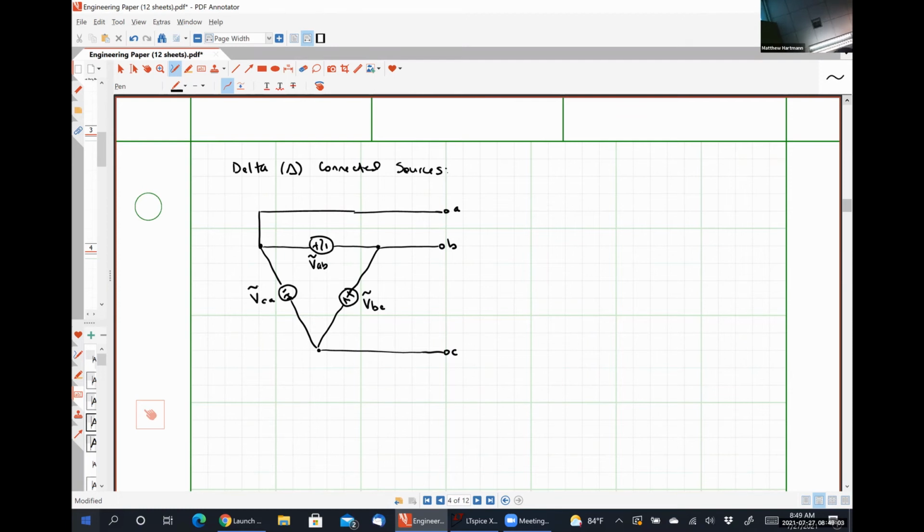I can redraw this in what I believe to be a more pleasing view, I guess. As follows.